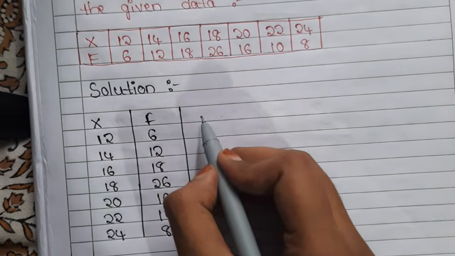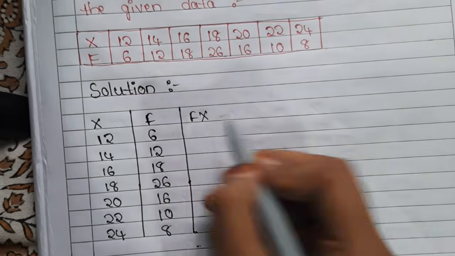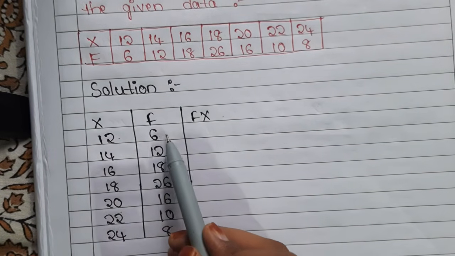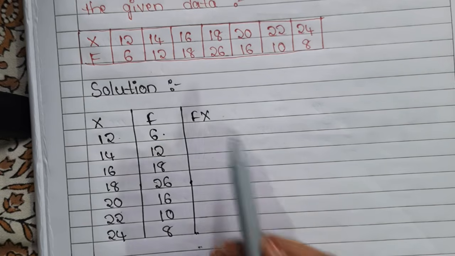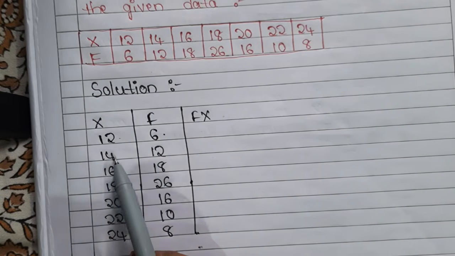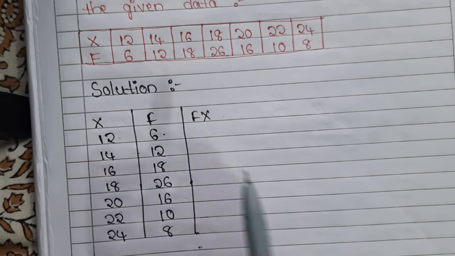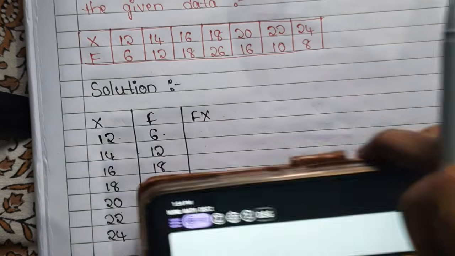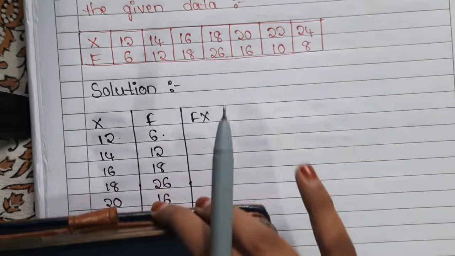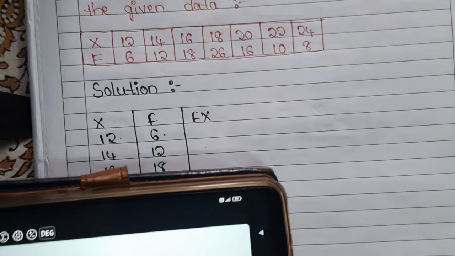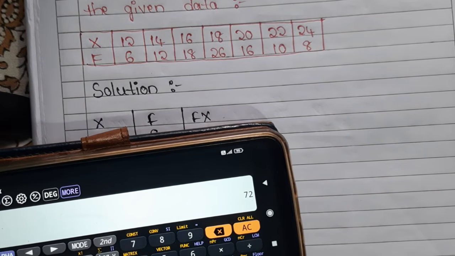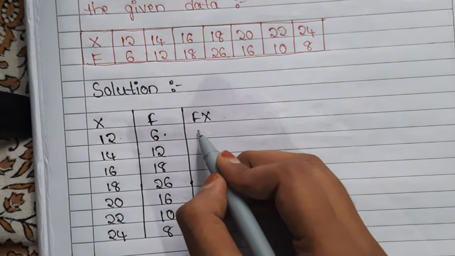Now what are we going to see? We are going to see fx. fx is nothing but when you multiply the x value with the f value, you will get fx. Multiply 12 into 6, you will get fx. Multiply 14 by 12, you will get fx. So let us multiply. Take a calculator and multiply. 12 into 6, how much is it? 12 into 6 is 72.